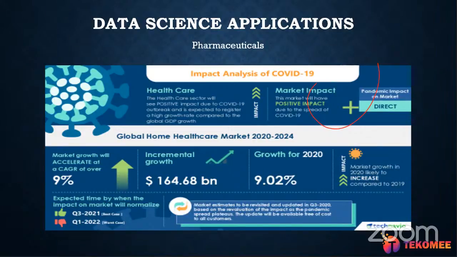We can also understand that because of the pandemic, people realized that there are fewer healthcare facilities in some of the countries. After the pandemic came, everybody was running for a healthcare facility, right? So only seeing the data and not implementing the decisions that have to be taken is not going to work.